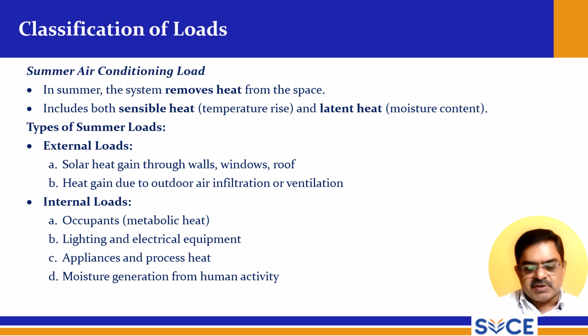Human activity is also one of the loads here. He may be sleeping, or walking, or doing some other work inside this space. Whenever he is doing treadmill exercise or similar, the human body exhibits more heat.